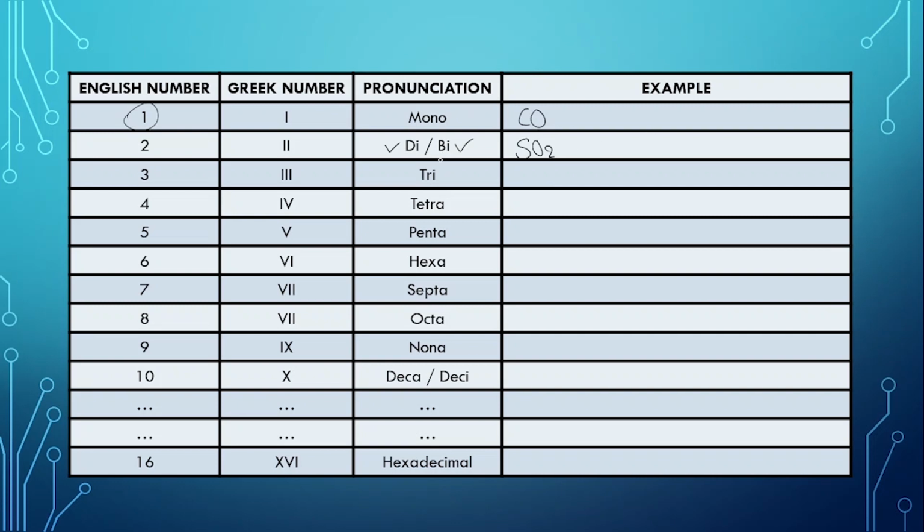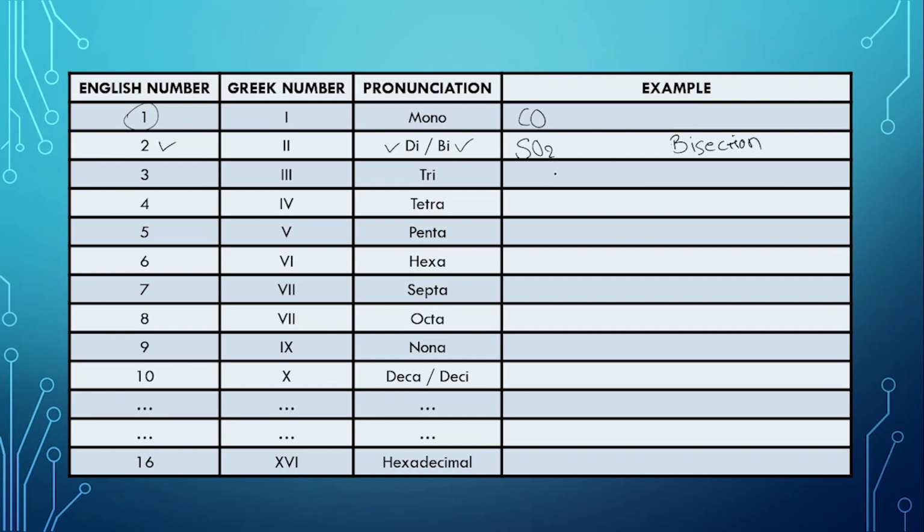We are using this pronunciation in mathematics, for example bisection. Having a bisection of any line means to divide that line into two parts or two lengths, and a bisection of any angle means to divide the angle into two parts. So here bi stands for two, as you can see over here.